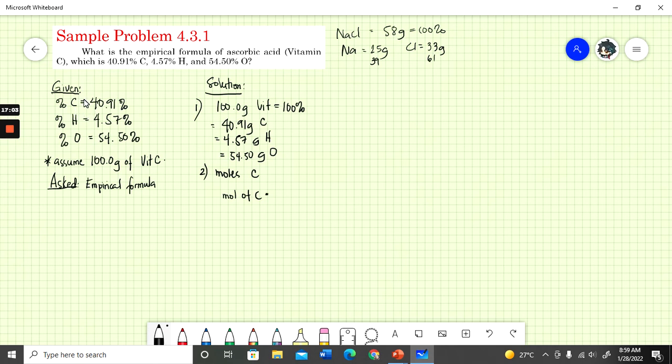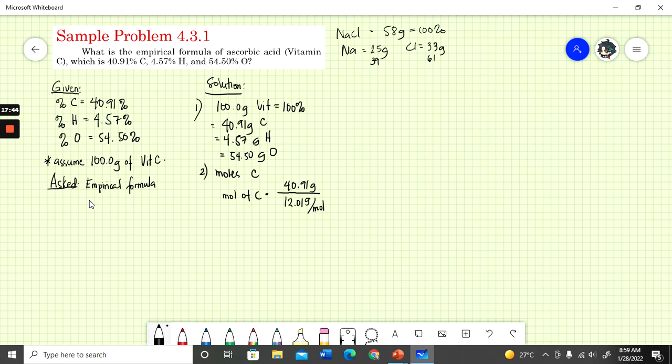So you have 40.91 grams of carbon, and the molar mass of carbon is about 12.01 grams per mole. Again, you will find this as the bottom number of each element in your periodic table. We've been using this a lot. So you can find how many moles of carbon there are in 40.91 grams, because 12.01 grams is equivalent to 1 mole of carbon.